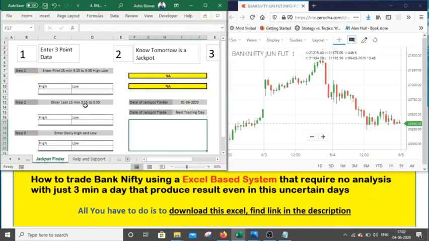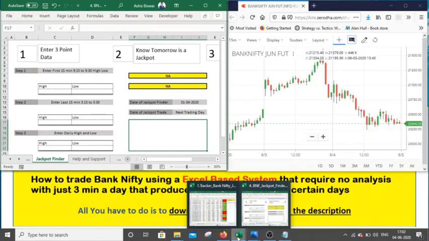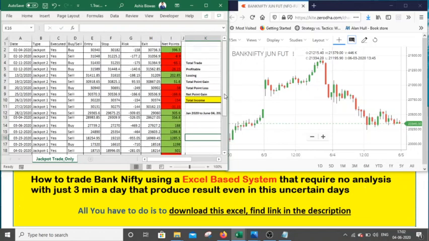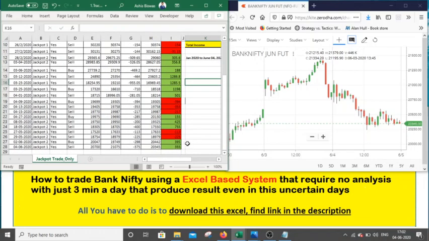I will explain exactly what to do, but before that I want to quickly go through the performance so far. Here is the performance from January. With today's trade, we earned 355 points, and this is a consecutive 2 days.